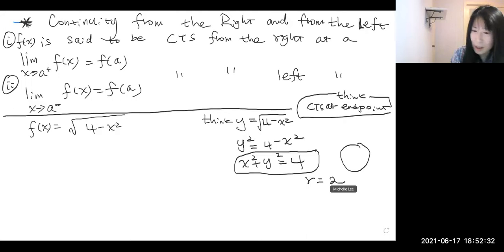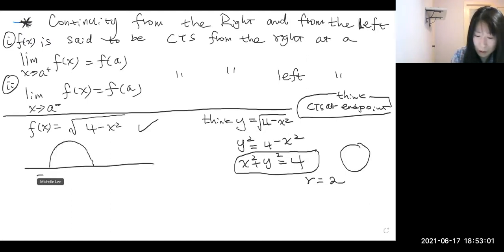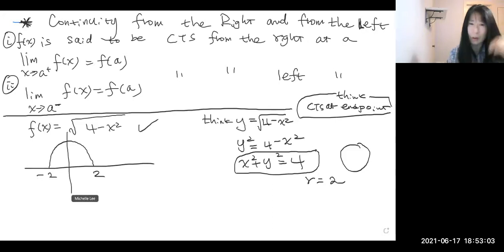Then this one is what? Square root of 4 minus x squared. What is that? A semicircle. From -2 to 2.